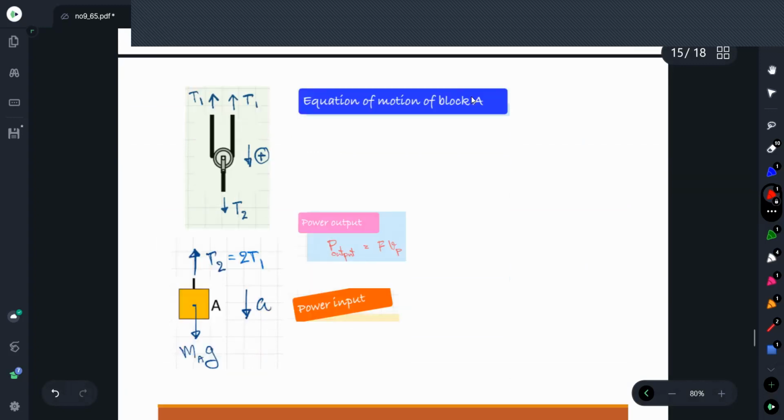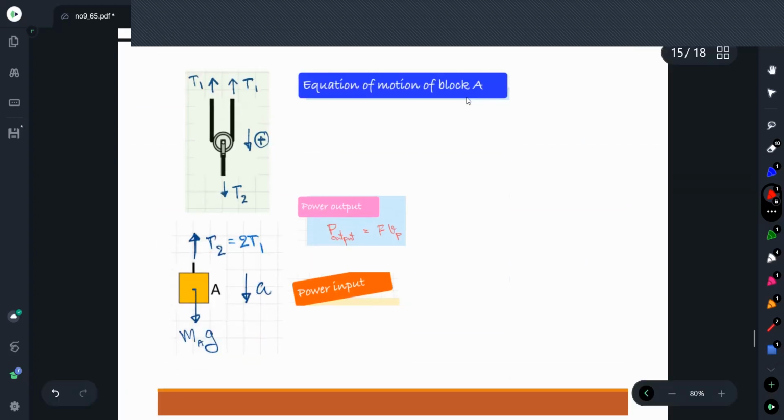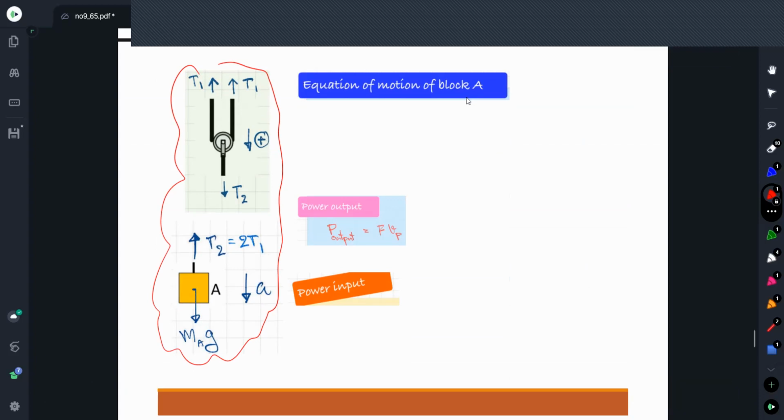After that, we consider the equation of motion for block A. Actually, for these two pictures, we may write the free body diagram like this. It's not necessary to simulate it like that.